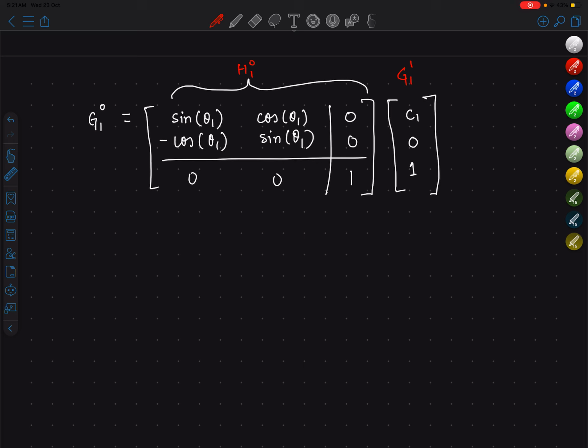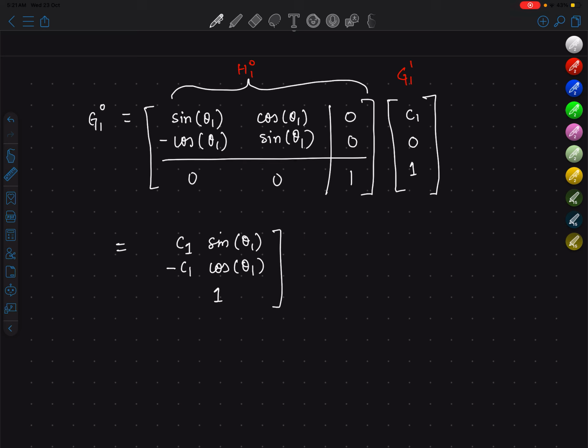So let's multiply these matrices. It will be C1 sin theta 1, minus C1 cos theta 1, and 1.